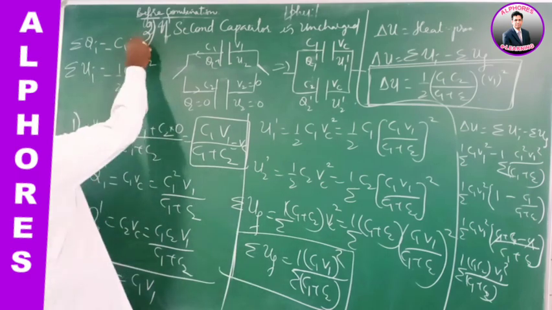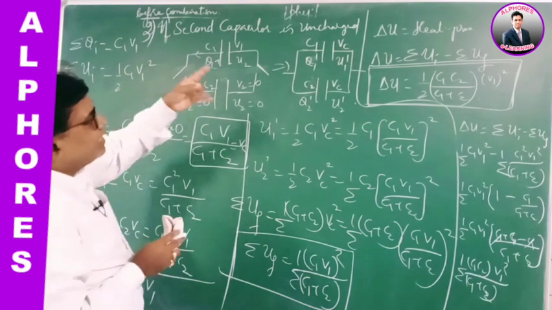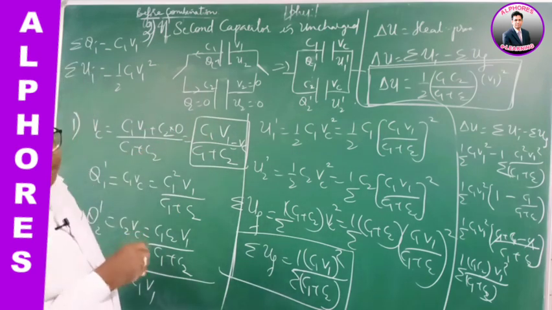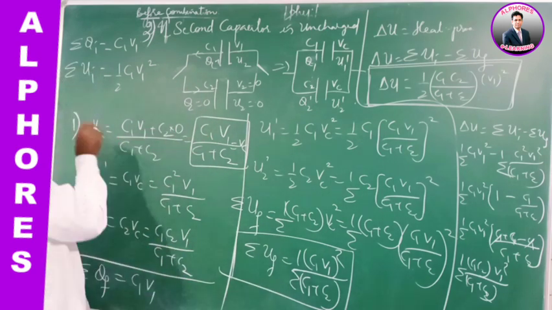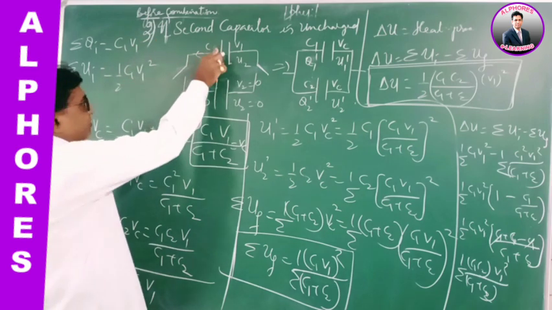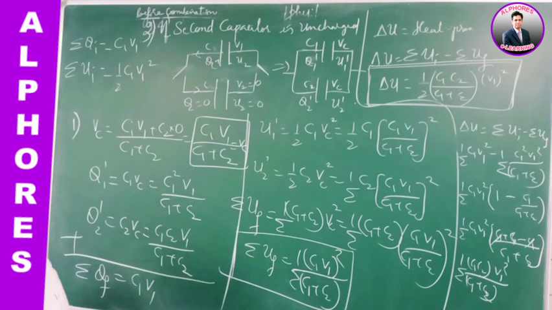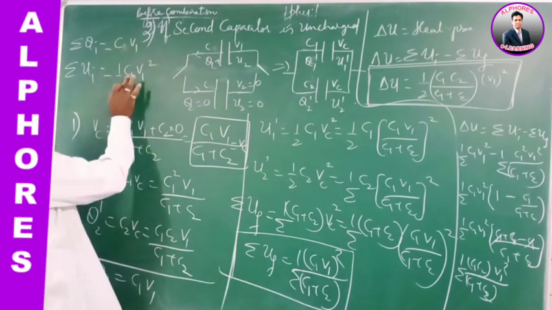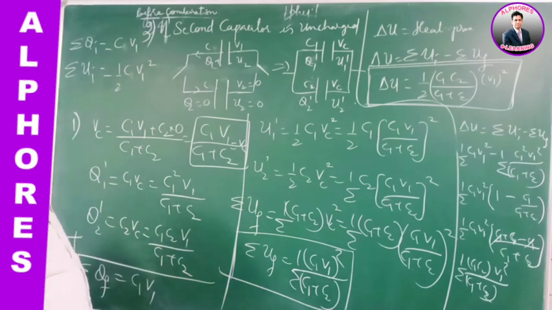In this one you can take another case, a third case. The second capacitor is uncharged, but the capacitors are identical. If C1 and C2 are both equal to C, then Q1 will be CV1, and energy is half CV1 square.